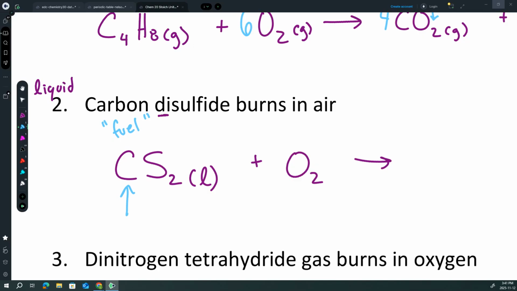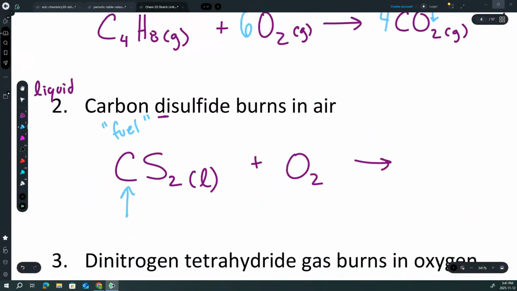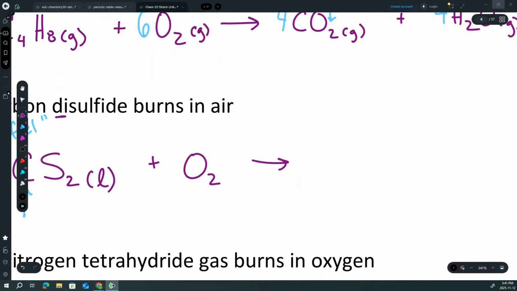I'm looking at carbon, and it's reacting with oxygen. What's the most common oxide that carbon and oxygen can form? Well, that's going to be carbon dioxide. So my first product, I'm going to put carbon dioxide as a gas.